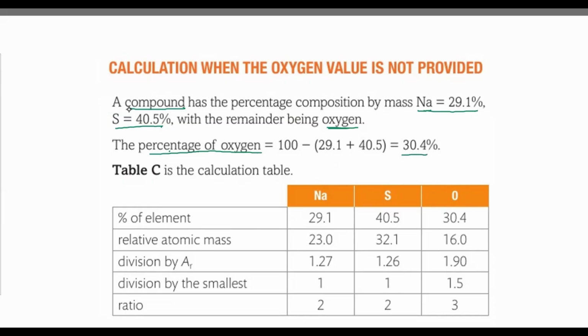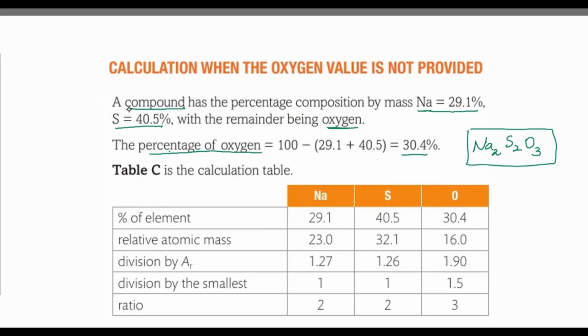When you have the percentage of all, you can again perform the same steps to find the ratio. So sodium, sulfur and oxygen we got in the ratio of 2 to 2 to 3. So our formula is going to be Na2S2O3.